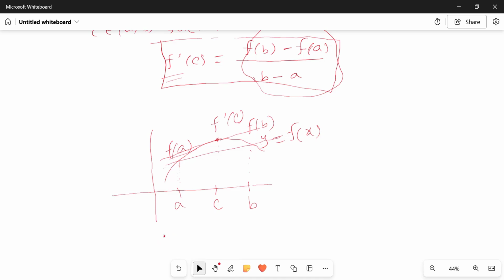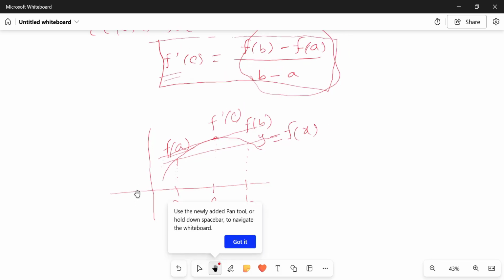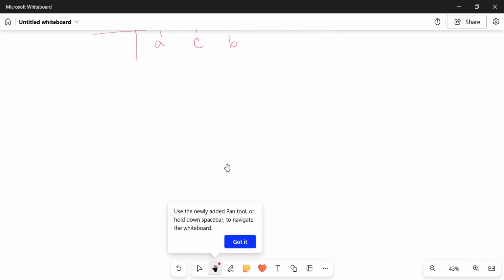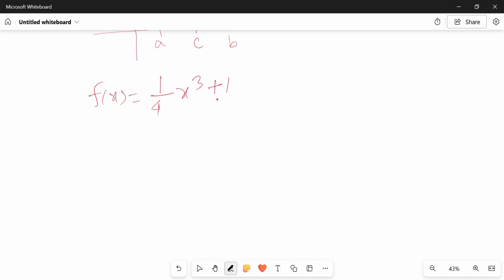For example, suppose that we have a function f of x equals 1 by 4 x cubed plus 1, on the interval 0 to 2.